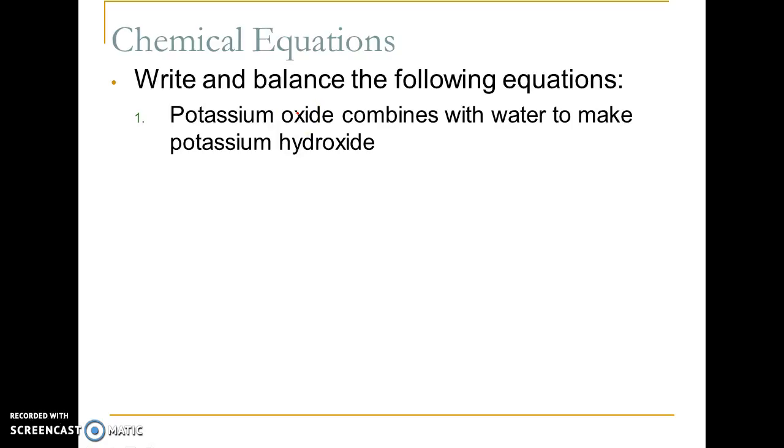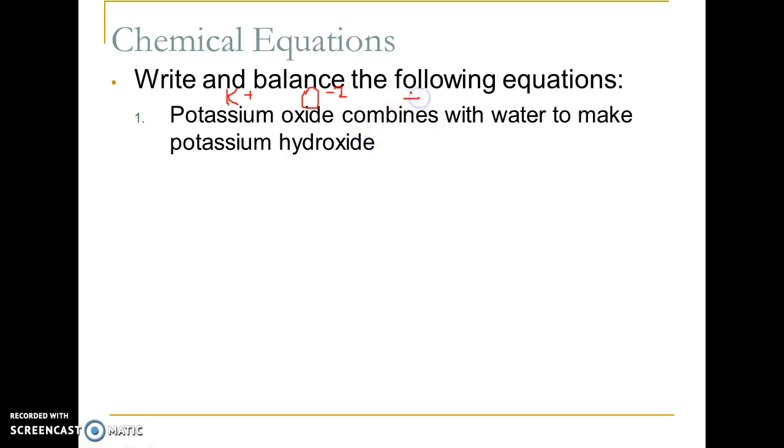With ionic compounds, I need to know the charge of each atom. So here's potassium. Potassium symbol is K. It is in group 1, so it has a +1 charge. Oxygen symbol is O. It is in group 16, so its charge is -2. It says combines with.